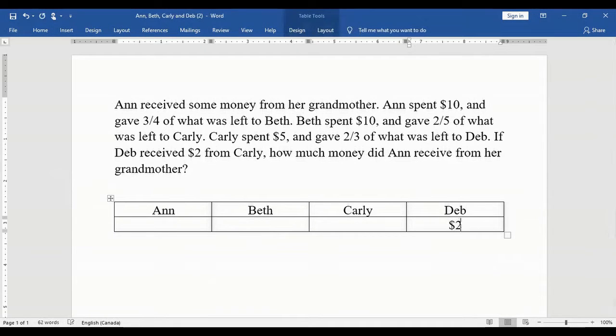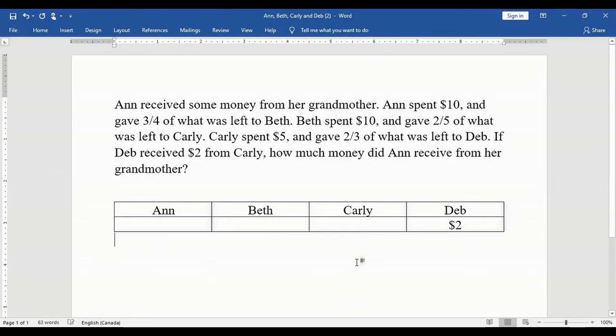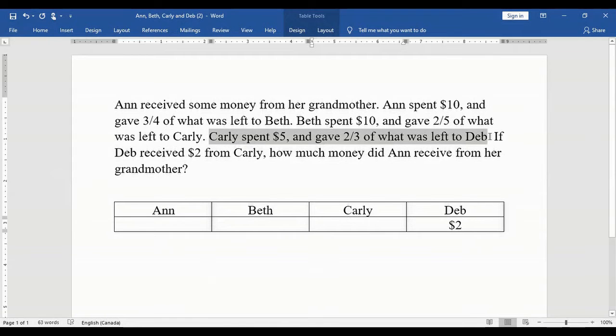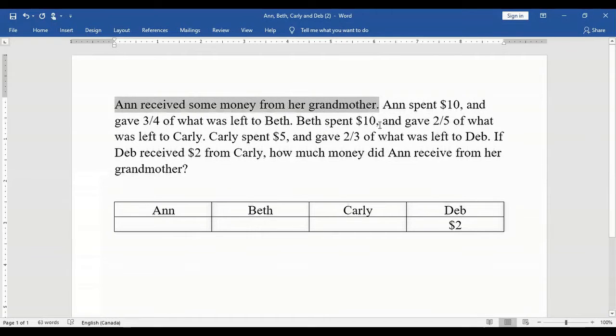All right, first we know that Deb received $2 from Carly. Now, it says Carly spent $5 and gave 2/3 of what was left to Deb. But first, I'll color the sentences so it's easier to see.